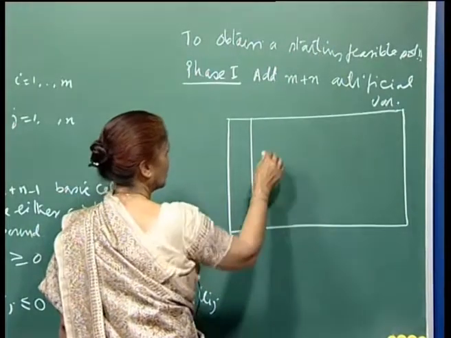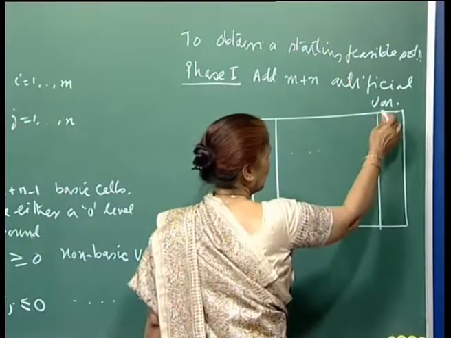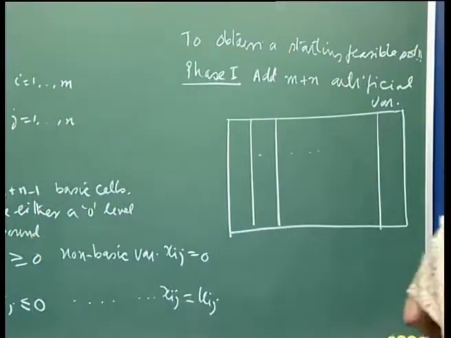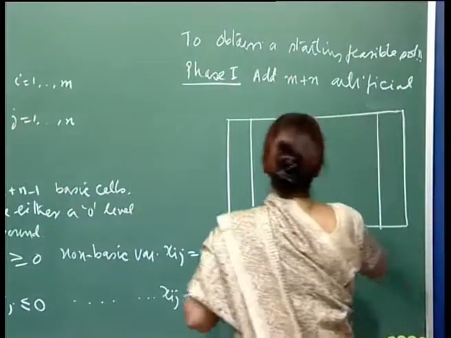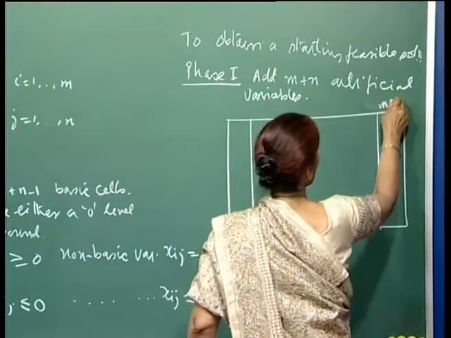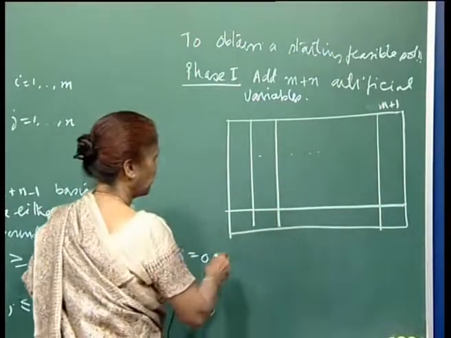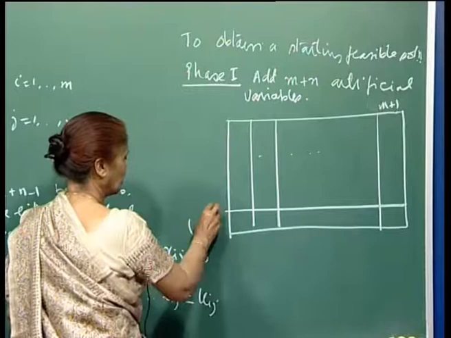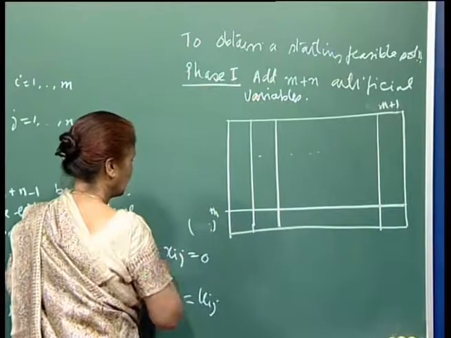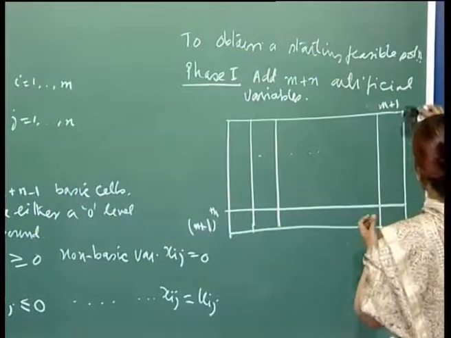Finally you will have here an n plus 1th column of artificial variables. This will be your m plus 1th source row, and this will be the n plus 1th market column.